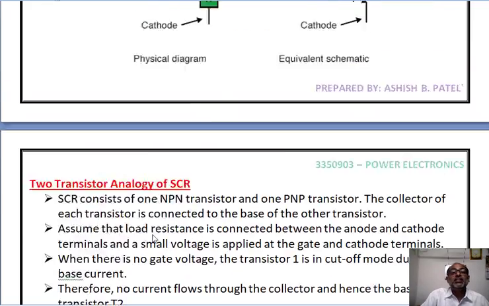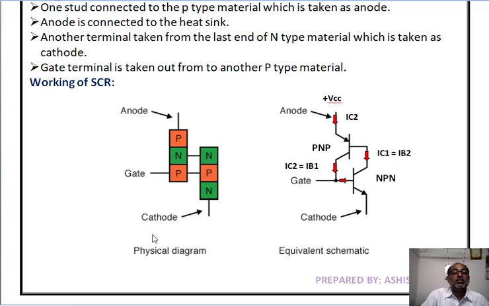Now let me show another method to understand the working principle of the SCR. As shown in this figure, the SCR consists of one PNP and one NPN transistor.